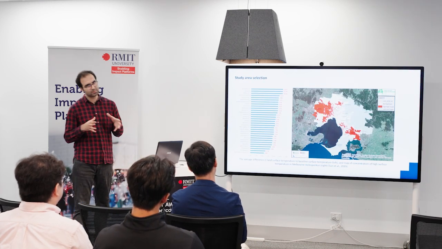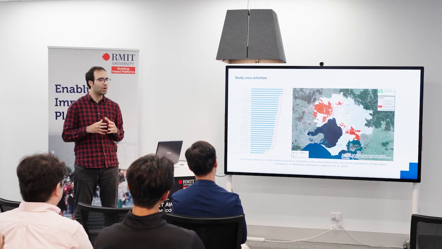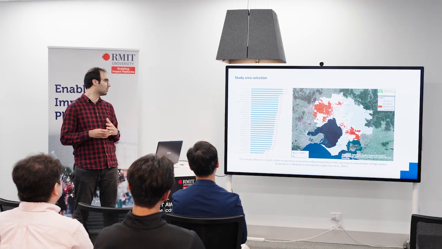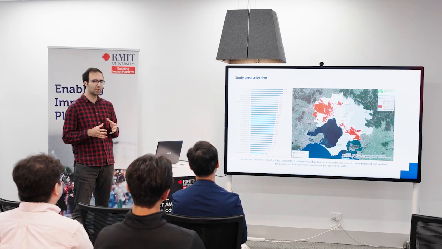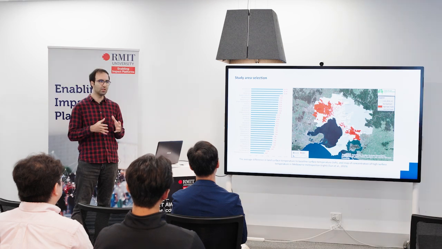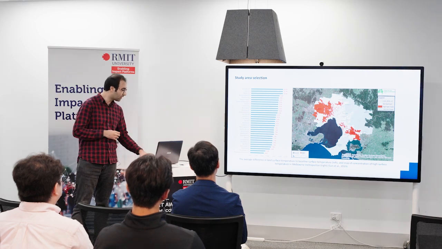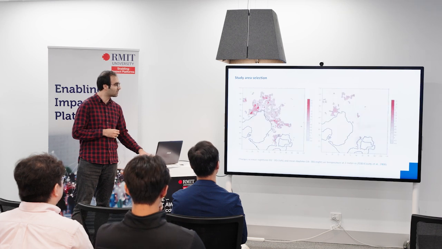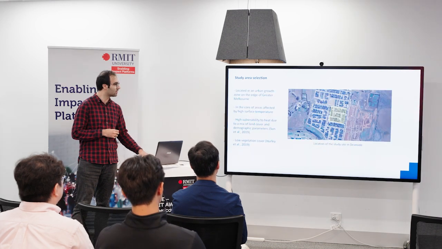So we know that there are some problems, particularly in the western and south-eastern parts of Greater Melbourne, with urban heat problems, with higher land surface temperature and air temperatures.